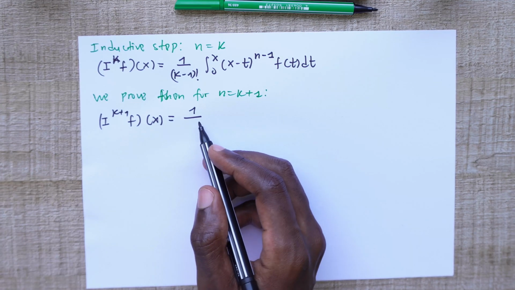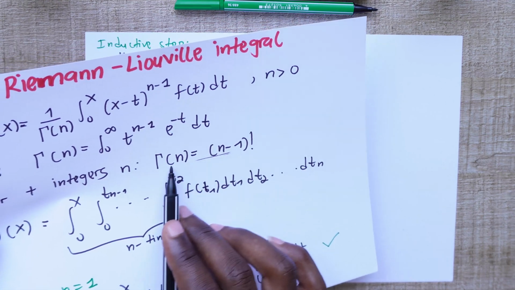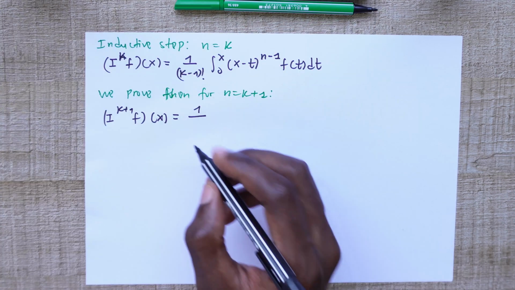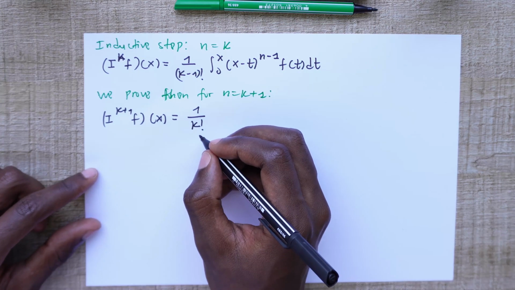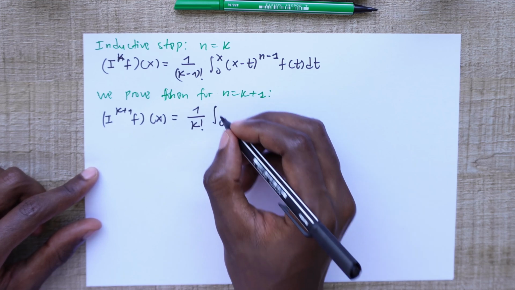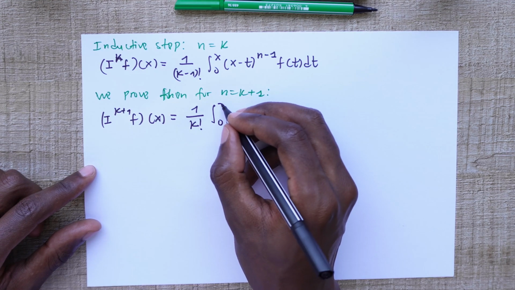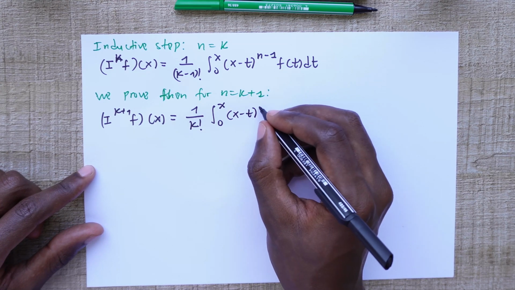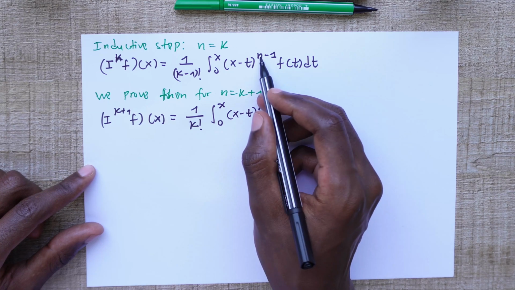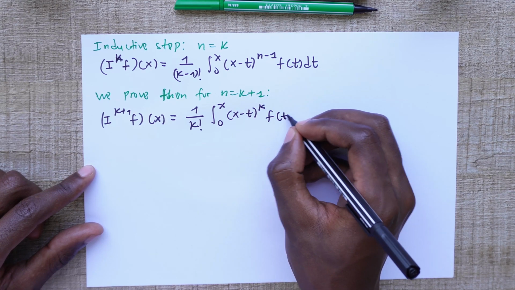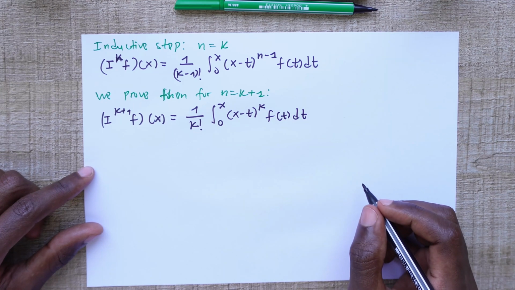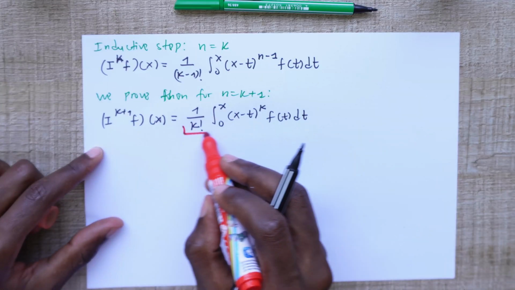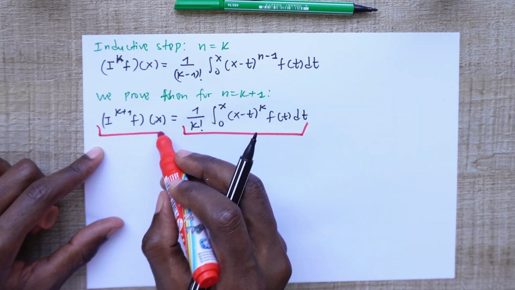But again, we are going to replace gamma of k plus 1 by the expression. So it will be k plus 1 minus 1 factorial. So that's going to be k factorial. Okay. Then the integral from 0 to x of x minus t to the power k, because we put k plus 1 here, times f of t dt. So this is what we want to show, based on our induction hypothesis.